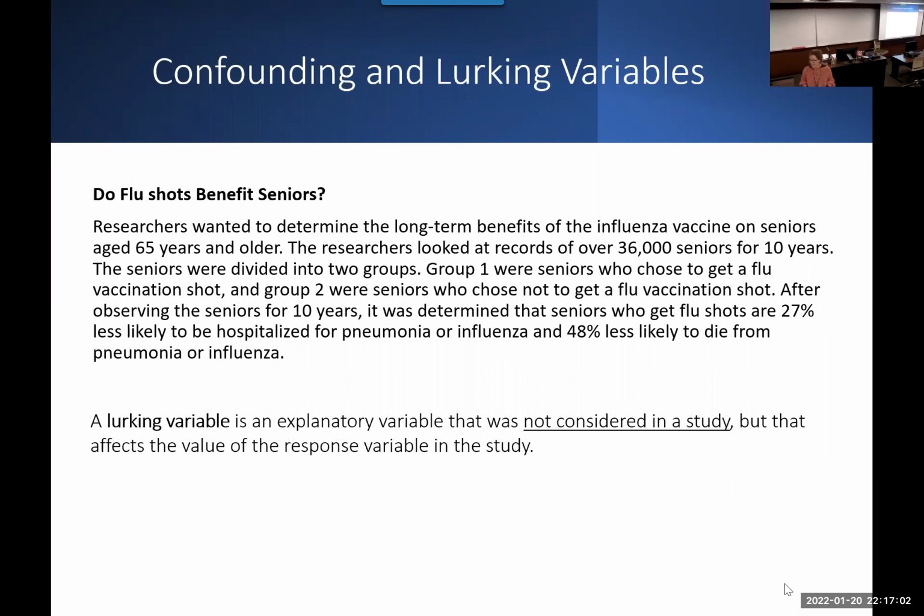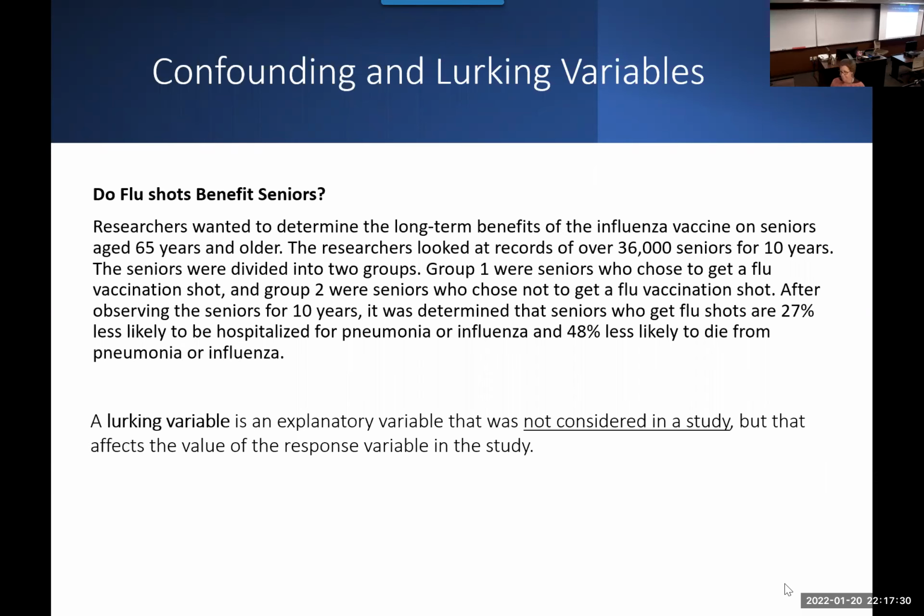Kind of, again, the name, it means it's lurking in the background, right? So if we're thinking about this study, some examples of a lurking variable might be age. Now, the study says that they took seniors 65 years and older. There's a big difference between a 65-year-old and an 85-year-old, right? Okay, so that could be considered a lurking variable.